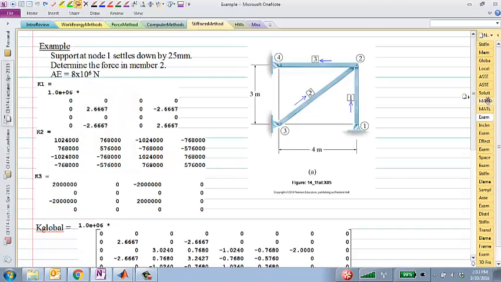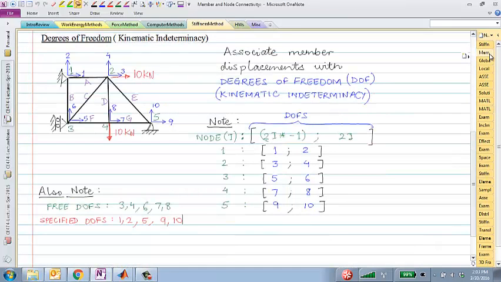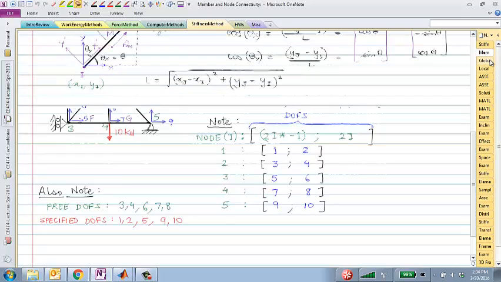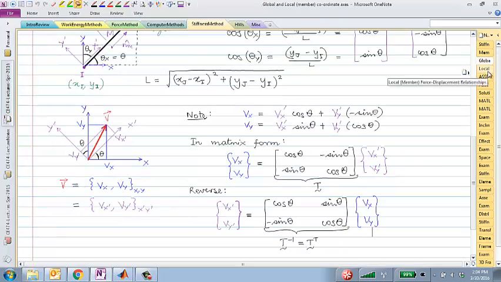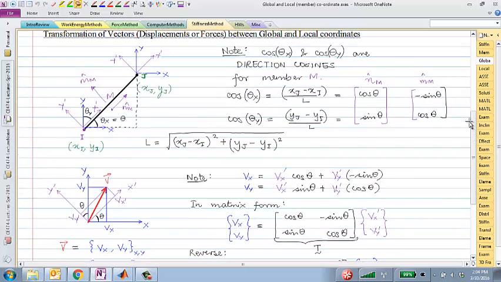Any element that is vertical. So I think if you remember last time, element 2 was vertical. And maybe even before that, for this element 2, the local degrees of freedom along the, let me go to this one. Yeah, so for a vertical element, the local y prime would be along global minus x.